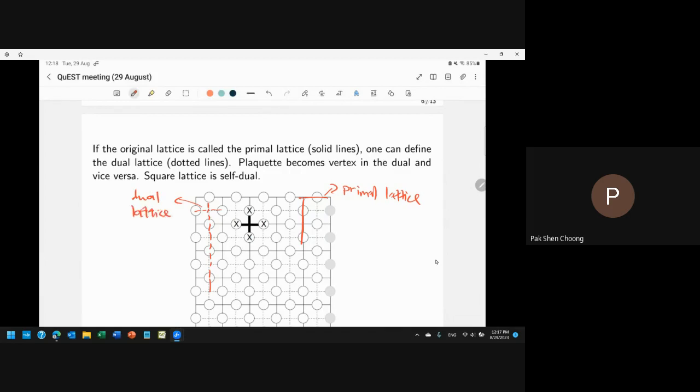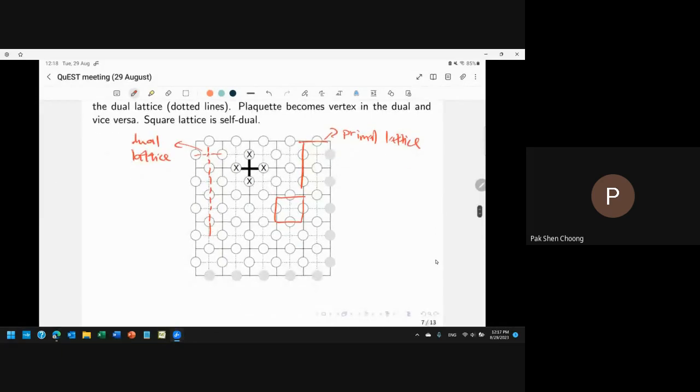If you look at the primal lattice, this will be the plaquette, right? Now if you look at the dual lattice, the plaquette becomes a vertex, whereas in the primal lattice this is the vertex, but in the dual lattice it becomes a plaquette.